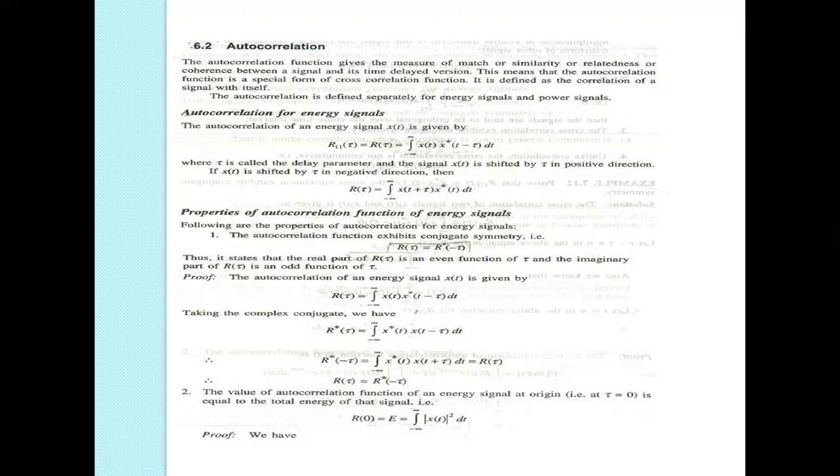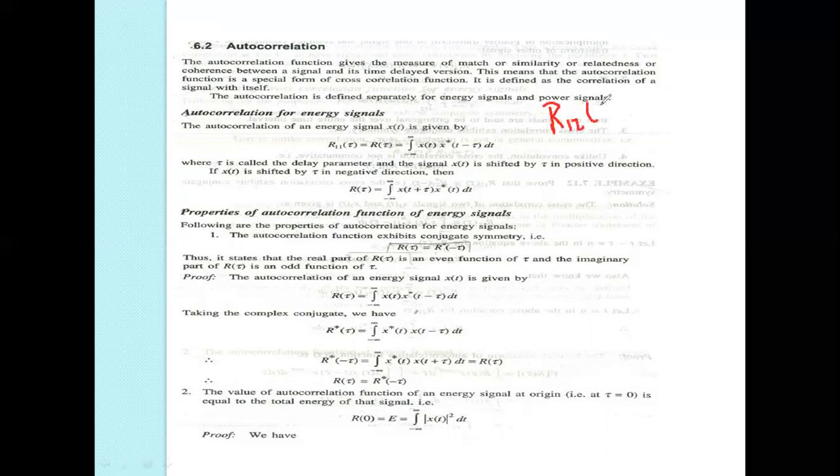The formula, the integral from minus infinity to infinity of x of t and x of t minus tau dt, is the autocorrelation function. They are not different signals here, but the same signal.